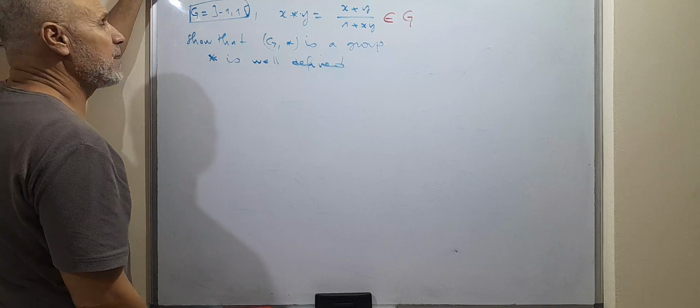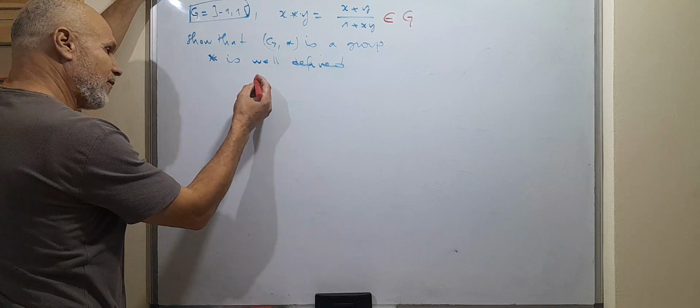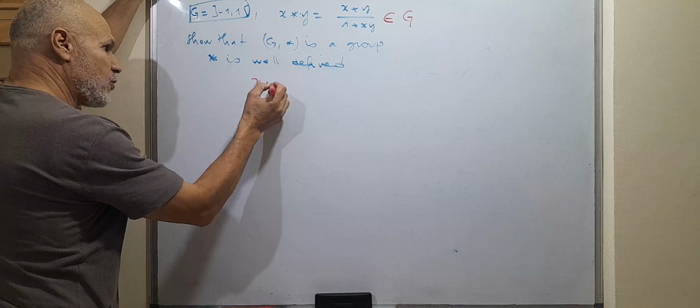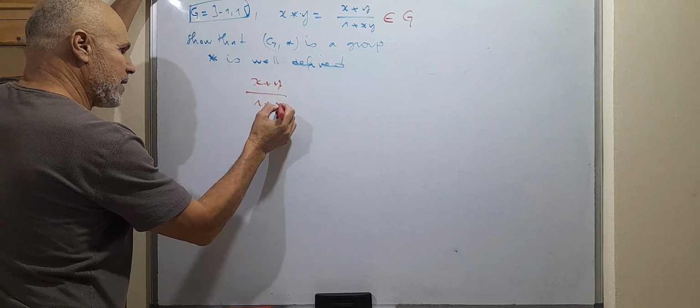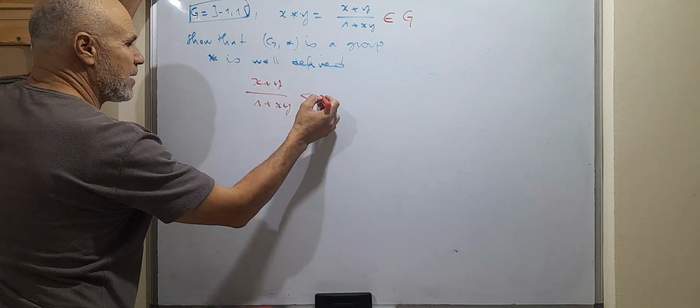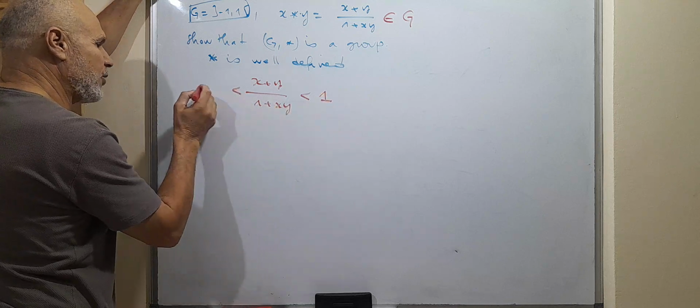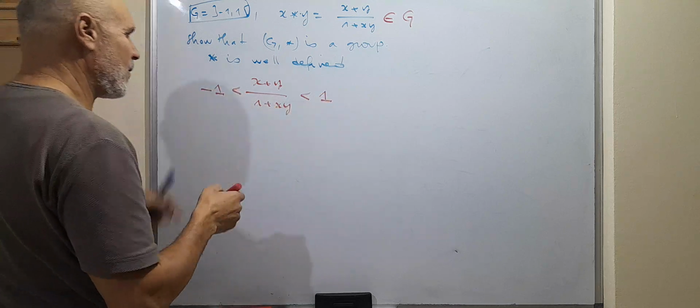How can we do it? We need (x + y) over (1 + xy) to be less than 1 and greater than -1.